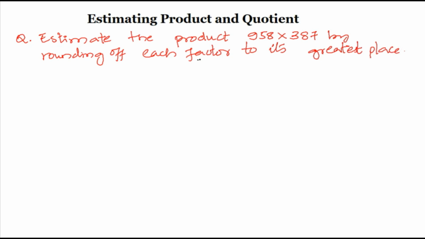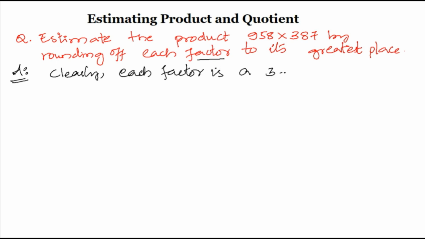What does this each factor refer to? Remember, whenever there is a product of two numbers, those two numbers are the factors of the product. So each of these numbers are the factors. So we have to round it off to the greatest places of these two factors. Observe carefully. We can say clearly each factor is a 3-digit number.